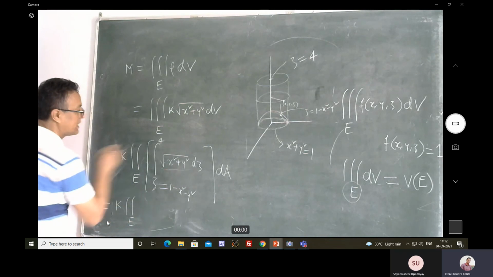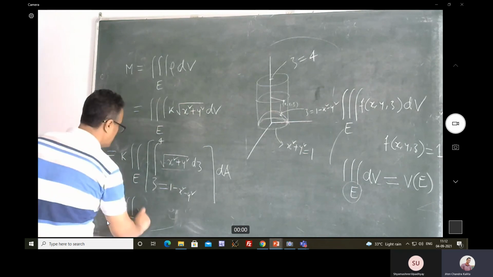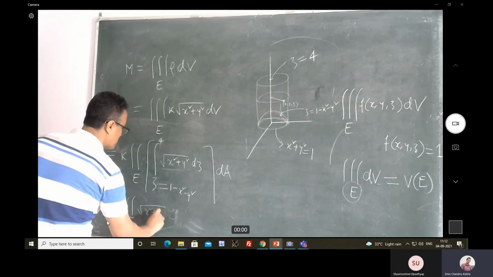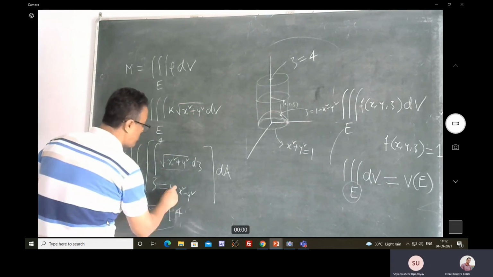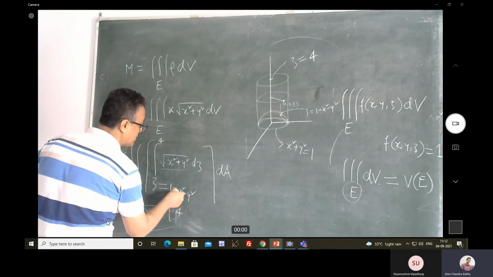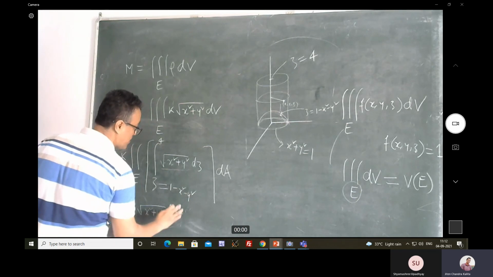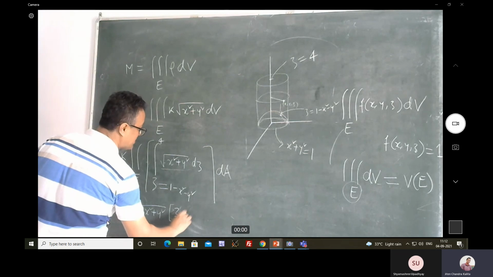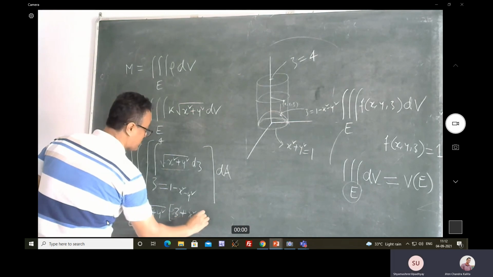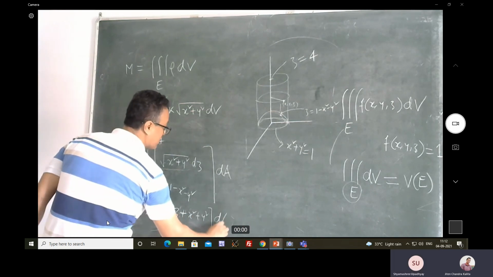Because this is independent of z, the integrand stays as is, and the z integral gives 4 minus 1, that is 3, minus of minus x squared minus y squared. So this is going to be 3 plus x squared plus y squared, dA.